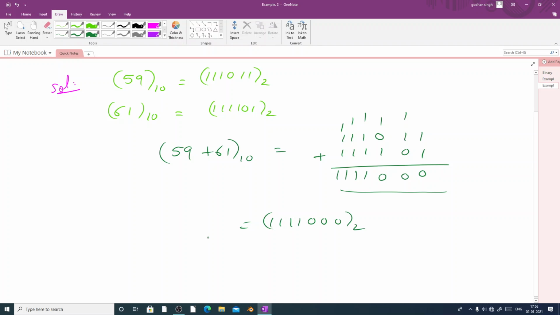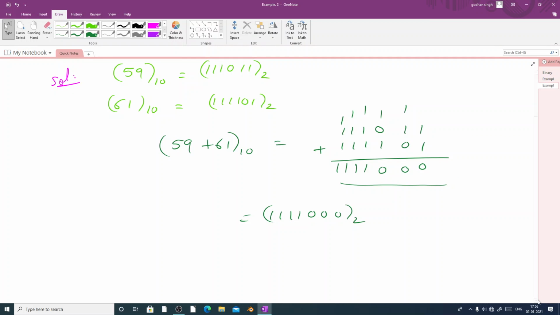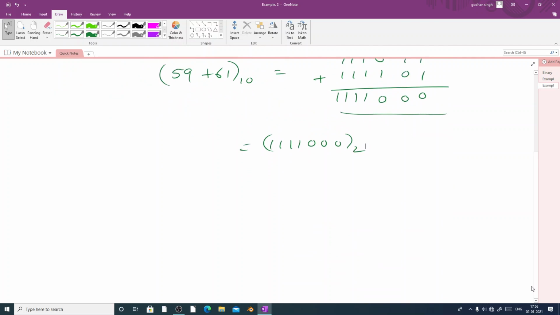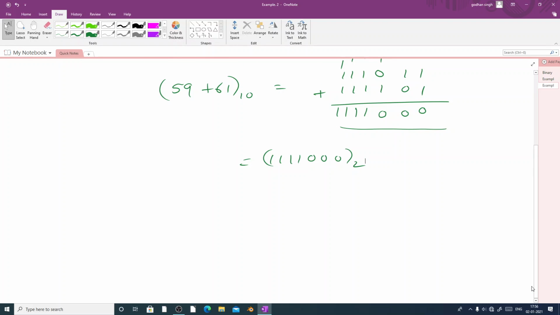Now let us check whether this is correct or not. We'll just verify whether we are getting 59 plus 61, the total, in the binary system, correct or not. So we'll write this in decimal form. So 1 1 1 1, 1 is 4 times coming, then 3 zeros are there, the base is 2.